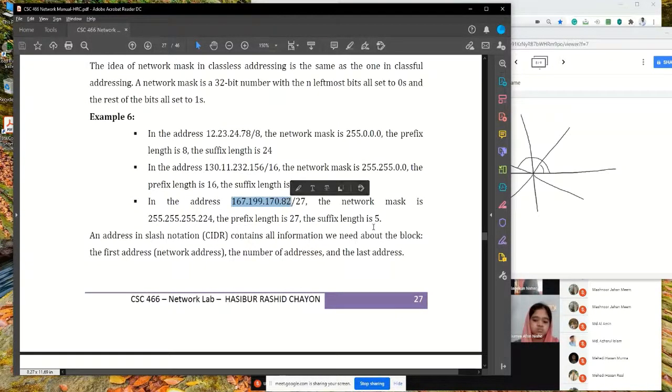This is also a class B address, but you cannot find the network address that easily. You cannot say the network address is this. We need to find the network address this way, because it is 27 bits. How are you going to find the 27 bits from the decimal? Is it possible?